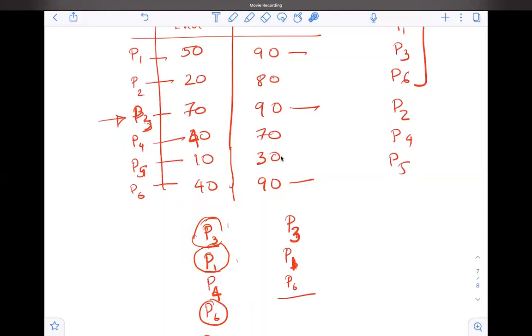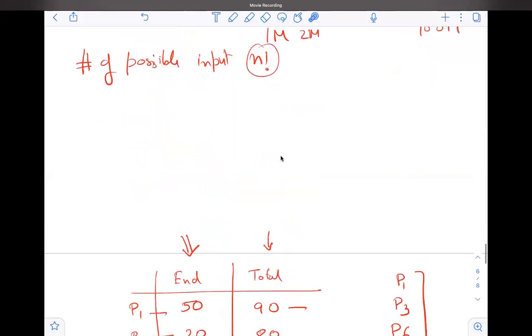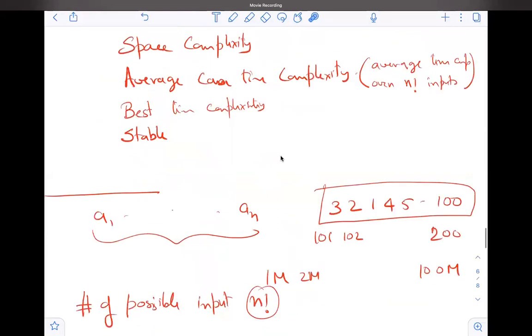This is what is called stable sorting: a sorting in which, if two numbers or two objects are identical, you keep them in the same relative position as they were in the beginning. Not all algorithms do that, but some algorithms maintain this previous order, and this is what is called stable sorting.